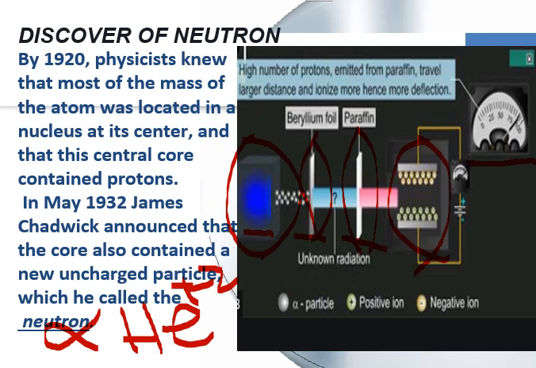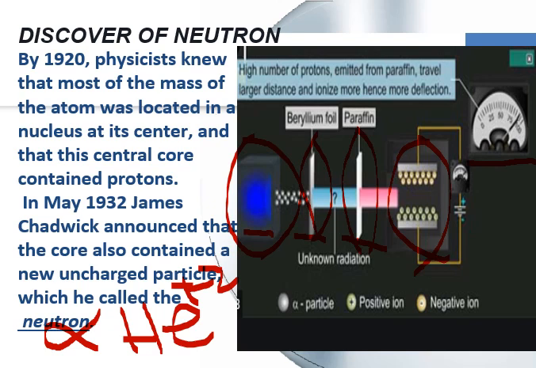What happens? They eject protons from them, which can easily be detected by means of a detector. So this is how the discovery of a neutral particle took place by means of this experiment, right?